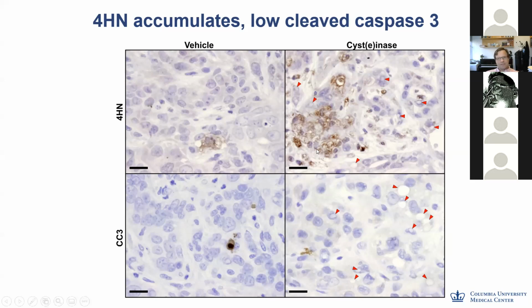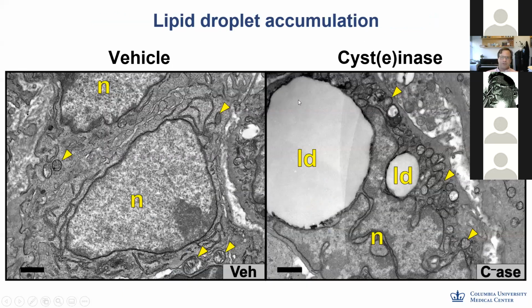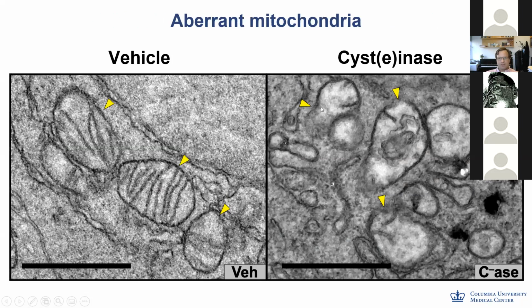And so we did our best. We showed that there was accumulation of this lipid oxidation byproduct called 4-hydroxynonenal, that there was not an increase in cleaved caspase 3, that there was accumulation of very large lipid droplet structures that are associated with the lipid oxidation response, and that there were mitochondrial defects. But these are all ex vivo analyses.